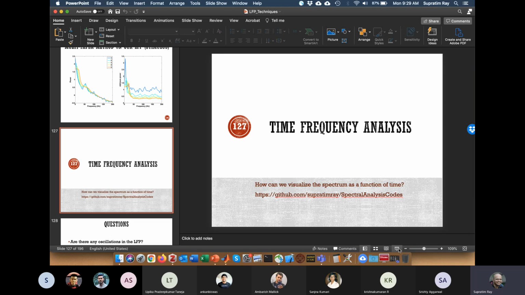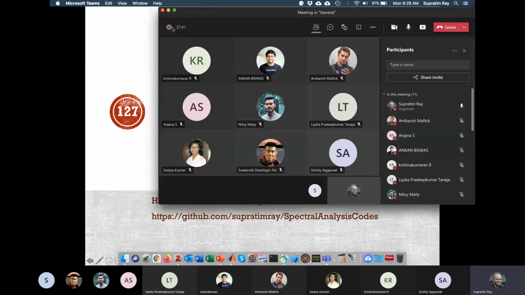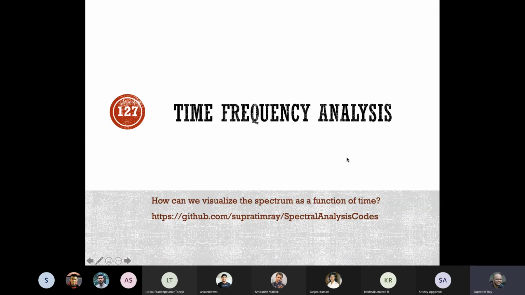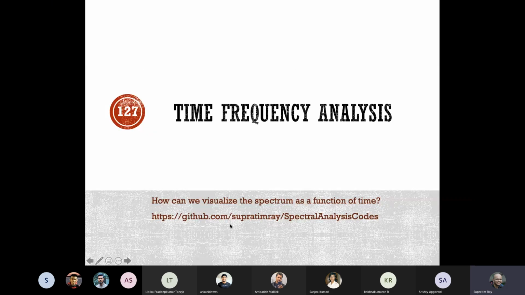Okay, so now let's go to time frequency analysis. Here I will not do a very detailed mathematical description, but it will be more along the lines of the second part of the course that we have done, where we just showed signals and tried to understand the intuitive feeling of how the different algorithms are working. There's a paper that we wrote a few years ago in the Journal of Neuroscience.